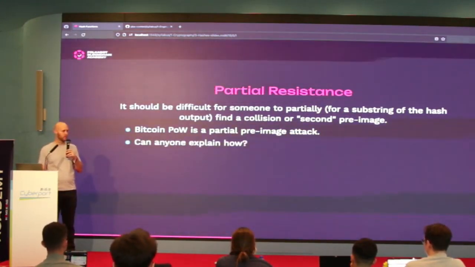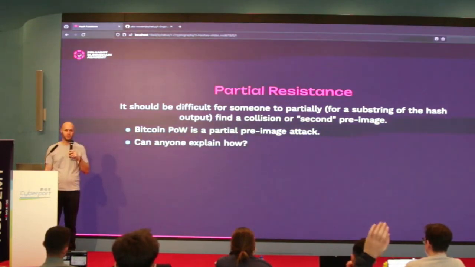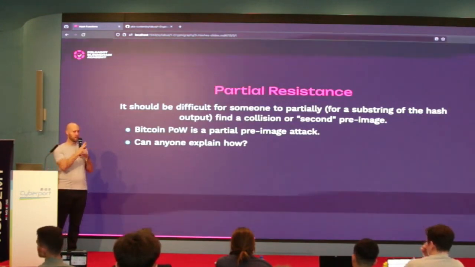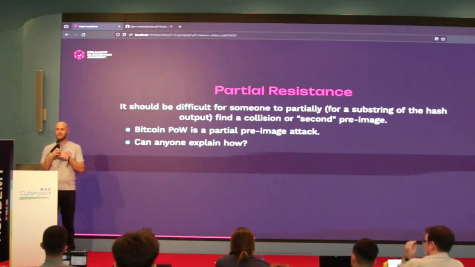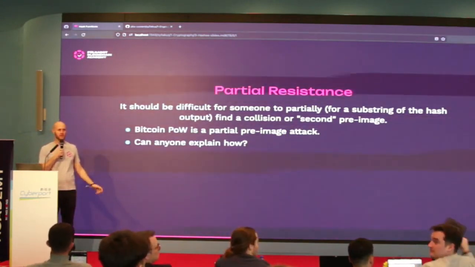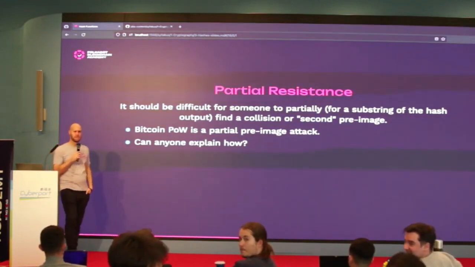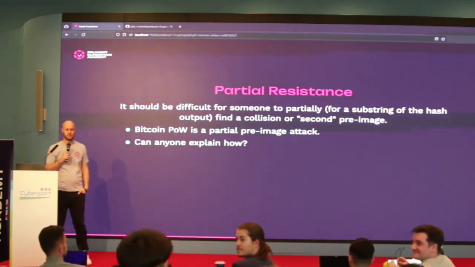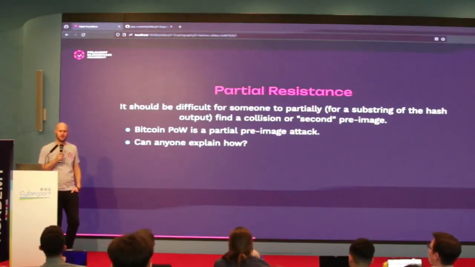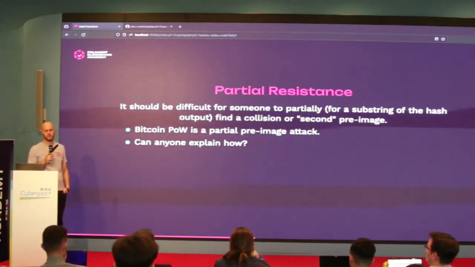Does anybody know anything about the Bitcoin proof of work and why that statement seems true? Your hand went up first. Hi, Luca. You have to find the hash that has a leading number of zeros, but you don't care about the rest.